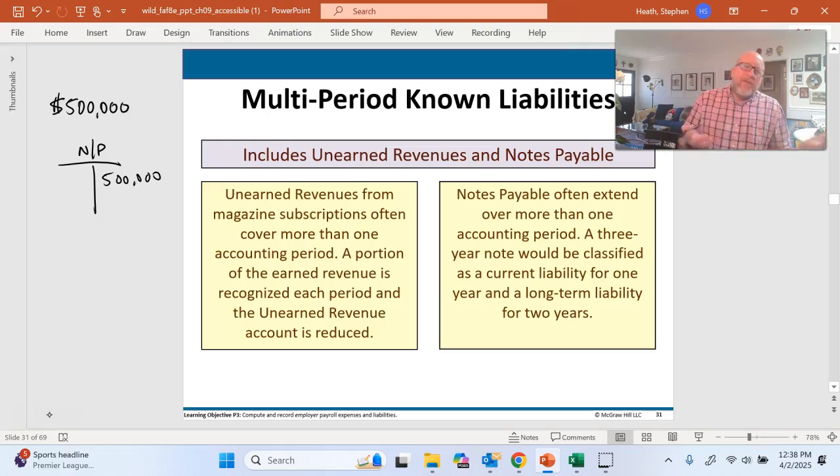And unearned revenue, that could be the same, right? We could be providing services, and somebody could pay for services that are anticipated to extend beyond a year. So then we would show unearned revenue, some portion of that we're going to earn in the current year. And then we would show the unearned revenue that we anticipate earning in the following year, some other in the long-term liabilities section.